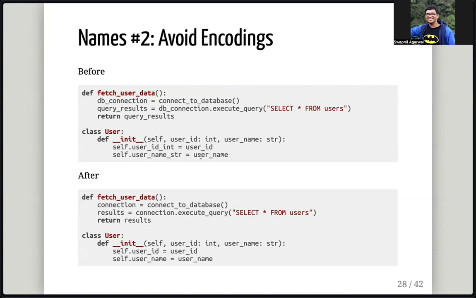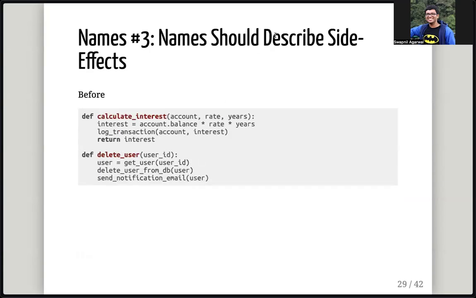The next one is about side effects. Names should describe side effects. Let's do this more interactively. You see two functions here. Let's talk about the first function. What the function is saying is calculate interest.